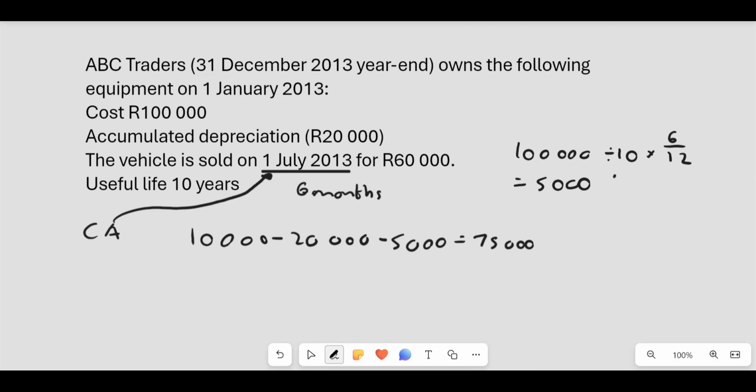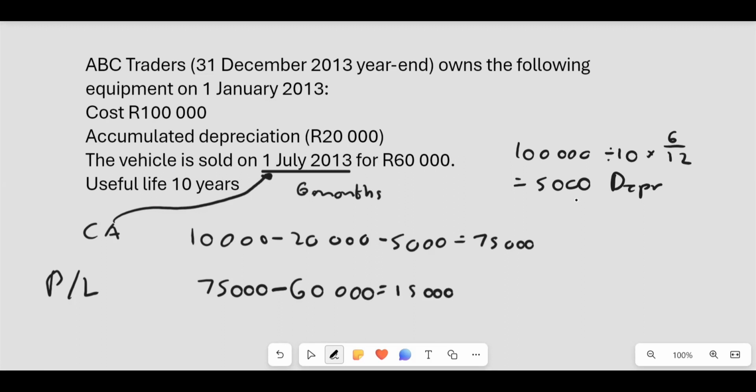So we have already calculated depreciation for the year, right? Now we can calculate the profit or loss that we've made on this vehicle. The carrying amount minus the proceeds that we've received, 60,000, would give us 15,000.